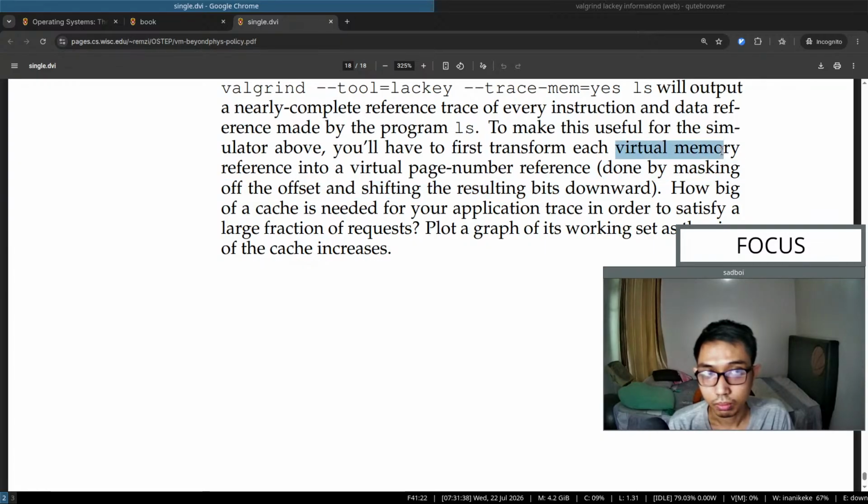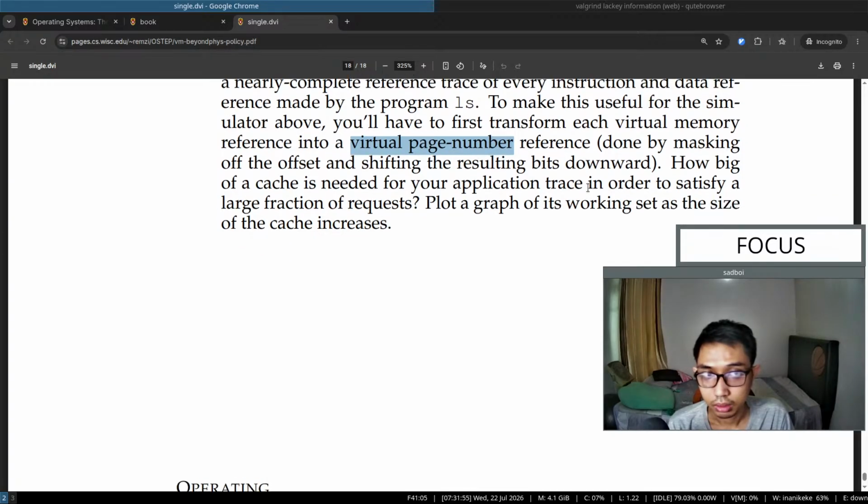So from a virtual memory address or reference into a VPN, the virtual page number. Okay, but then how big of a cache is needed for your application trace in order to satisfy a large fraction of requests?